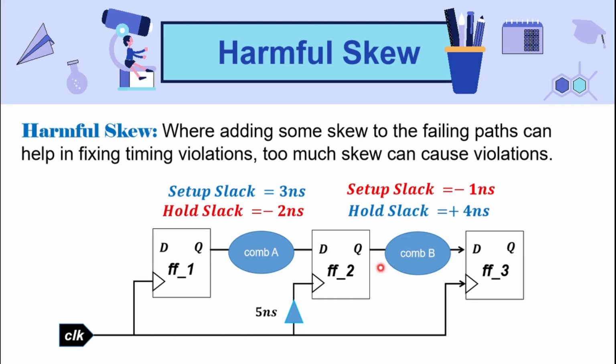And for the second path, it helps me solve hold variation, but it causes setup variation with negative slack equal to -1 nanosecond. So you need to be careful about the value of skew to be added and the type of skew, positive skew or negative skew, to solve these variations.